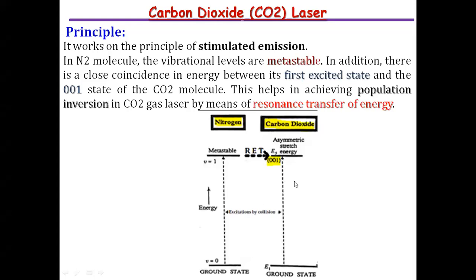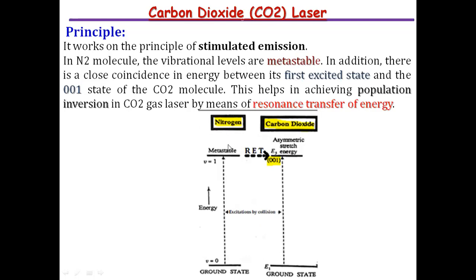By electrical pumping, that is by applying an electric field on either side of the laser cavity, we accelerate electrons through this mixture of nitrogen and carbon dioxide molecule. These electrons which are moving towards the anode will strike the nitrogen molecule. Then the nitrogen will get excited, or the velocity of the nitrogen will be increased.